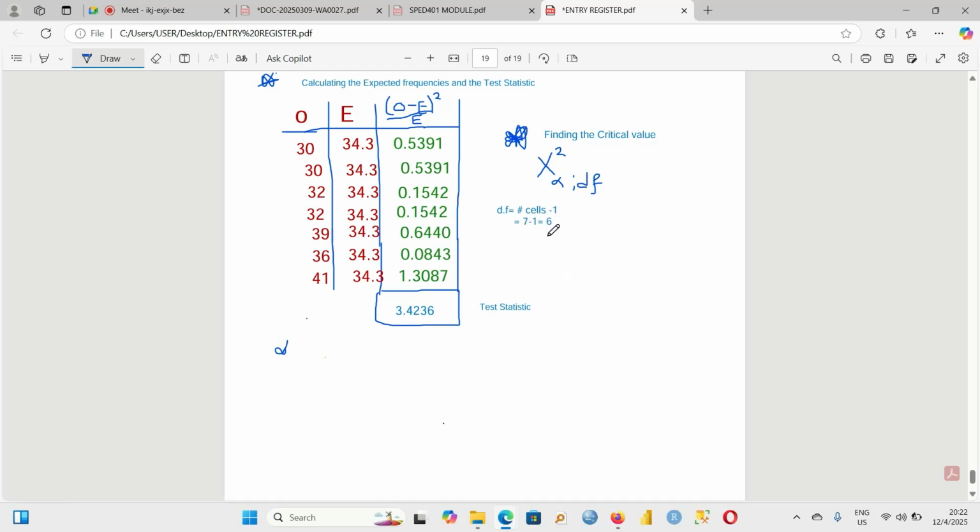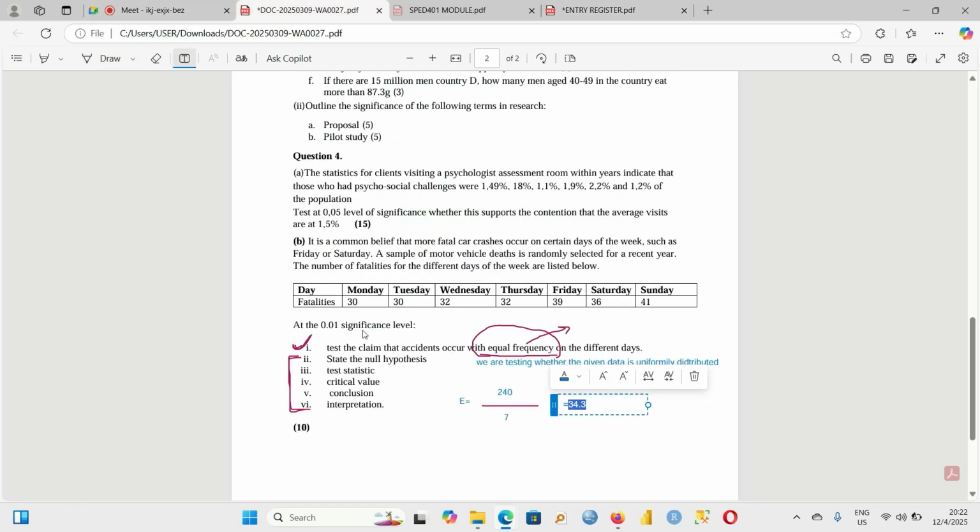So the critical value, from the tables, we are going to use chi-squared. Alpha is the percentage significance. This is the alpha, 0.01.